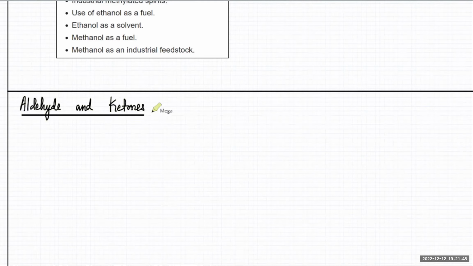Aldehyde and ketones are both known as carbonyl compounds. They've got a C double bond O. Anything that's got just a C double bond O, that's a carbonyl compound. And this is your carbonyl functional group, that it's going to have a C double bond O only.